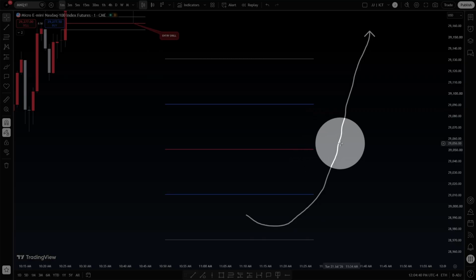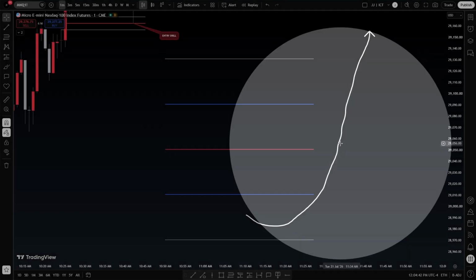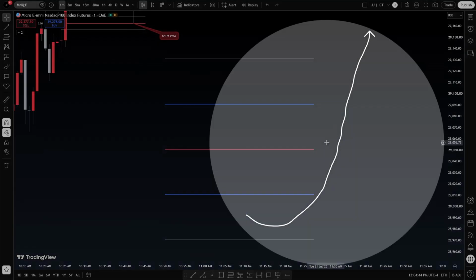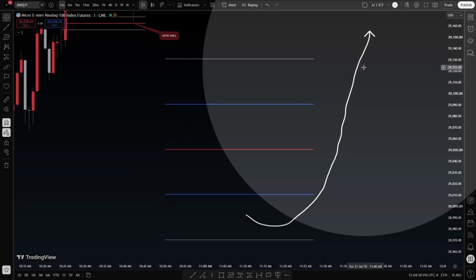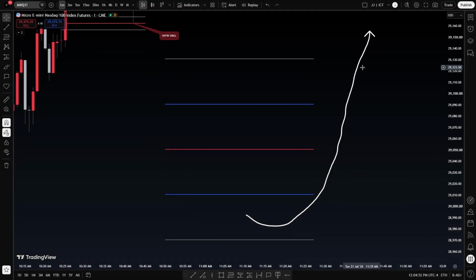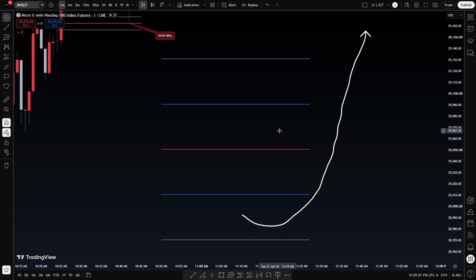Come down to it, respect it, create an institutional order flow entry drill showing that price wants to keep going higher. Then it's going to go right back higher, and you're going to see the second quadrant get completely blown through. But in a typical situation, that's just using ifs, ands, and buts, like if price temporarily respects the second quadrant, if price temporarily respects the equilibrium, and stuff like that.